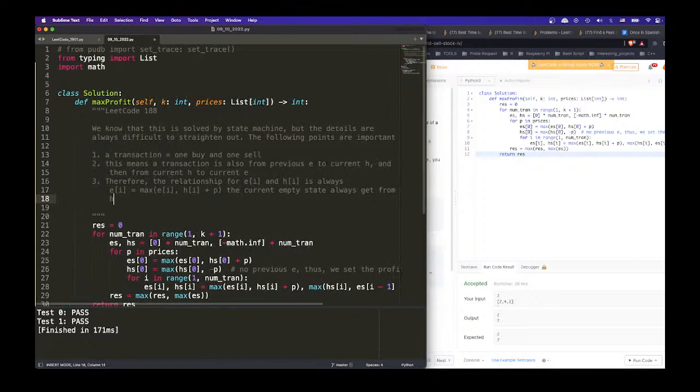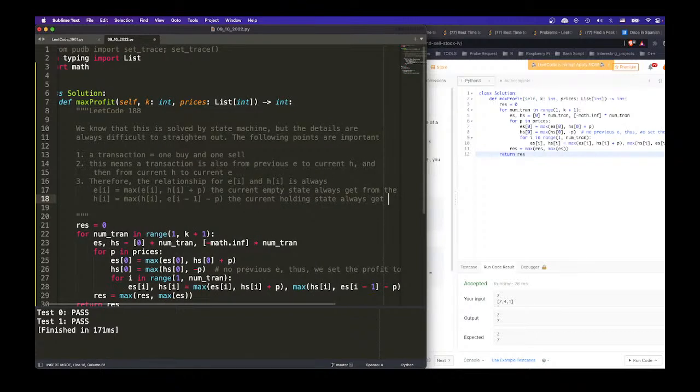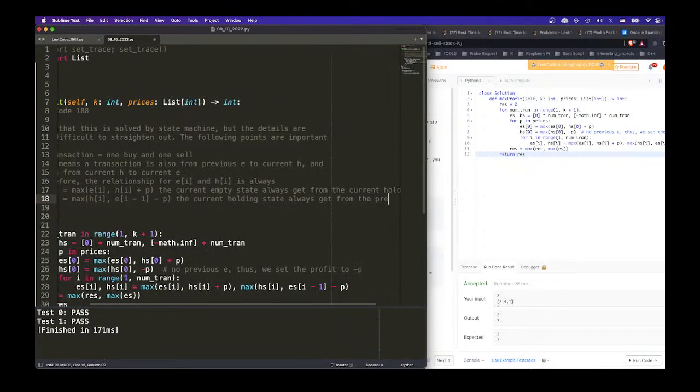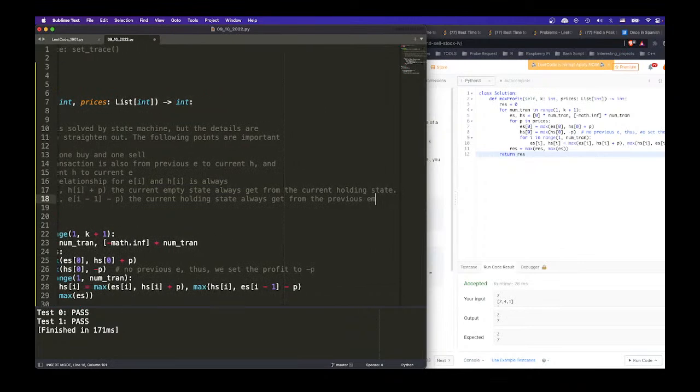Right, and then we say HI is always the maximum of HI and, well, actually not minus P, it should be E(I-1) minus P. So the current holding state always gets from the previous empty state.